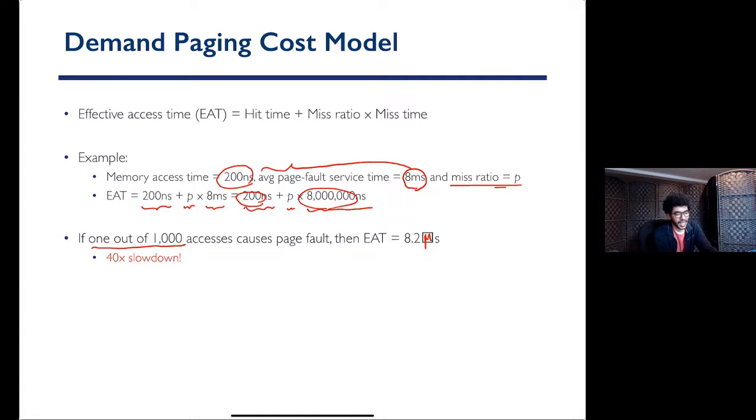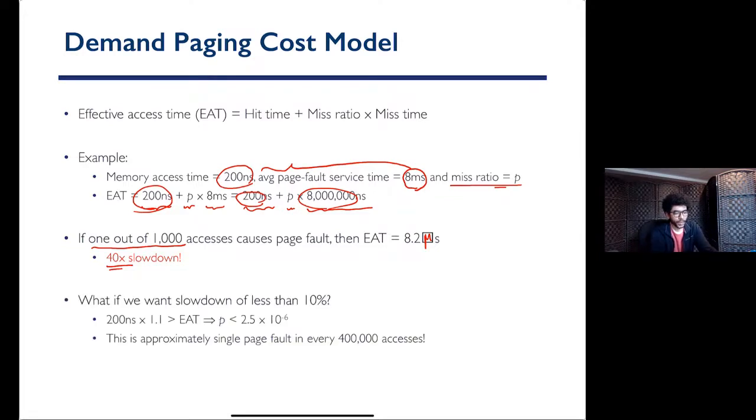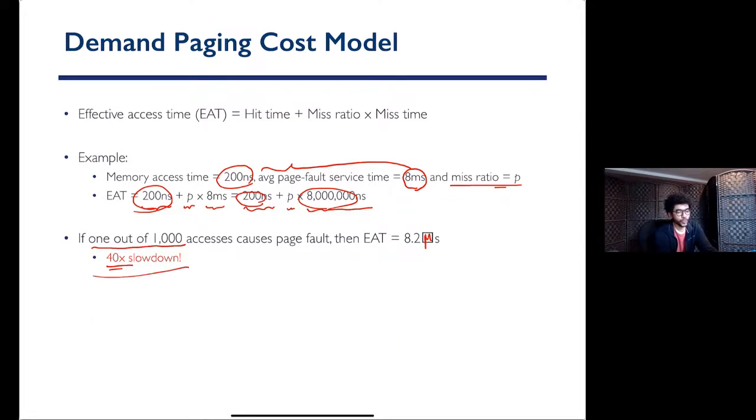Now this is about 40 times more than your usual access to memory that hits. So this is a huge slowdown, right? If 1 out of 1,000 accesses you miss, then your average access time is going to be 40x more than the ones that hit in memory.